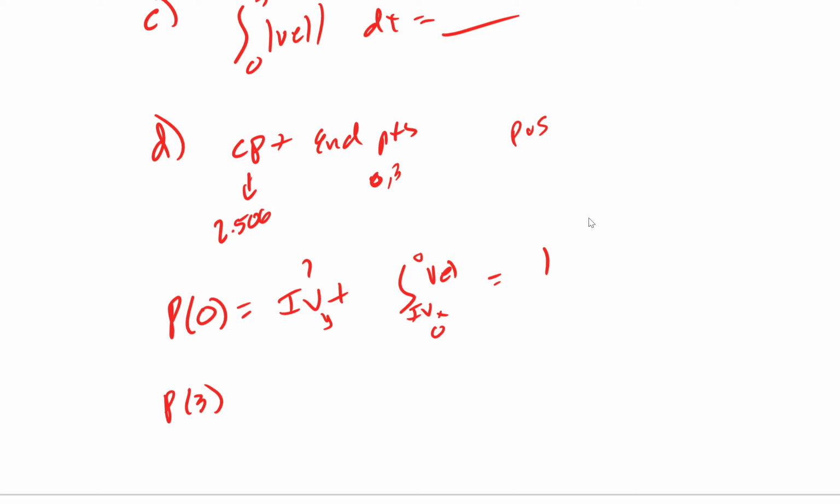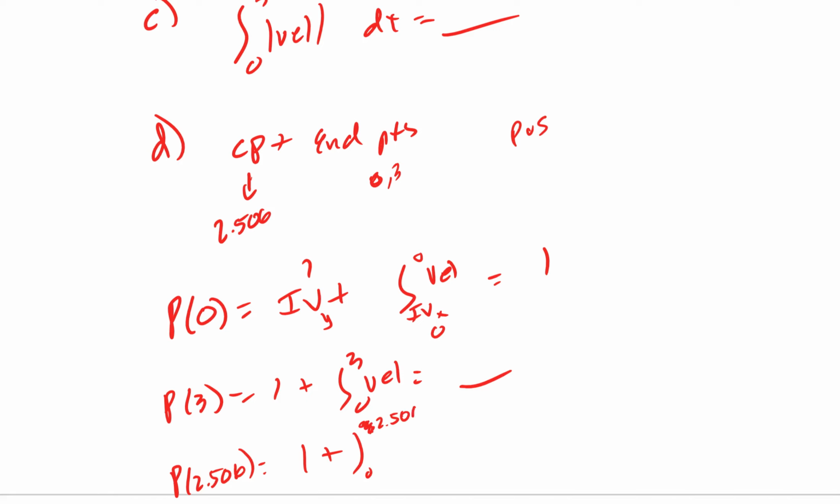P of 3 is going to be my initial value plus the integral from 0 to 3 of velocity. You get some number. And then we're going to do P of 2.506. So my initial value plus the integral from 0 to 2.506 of velocity. And then, again, whichever one gives you the biggest difference is your answer from the origin.